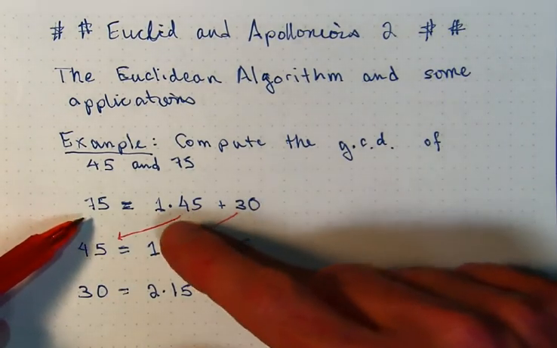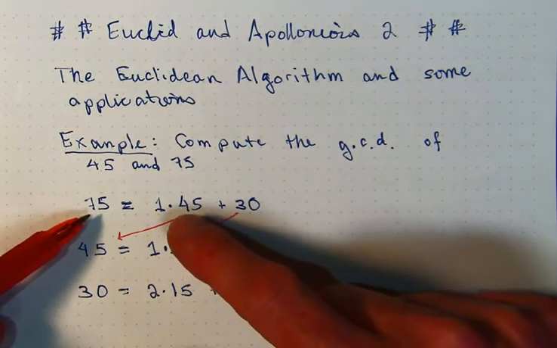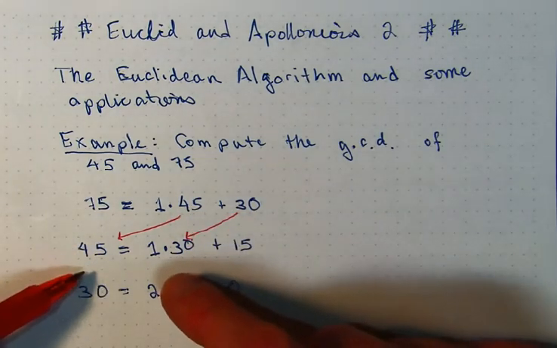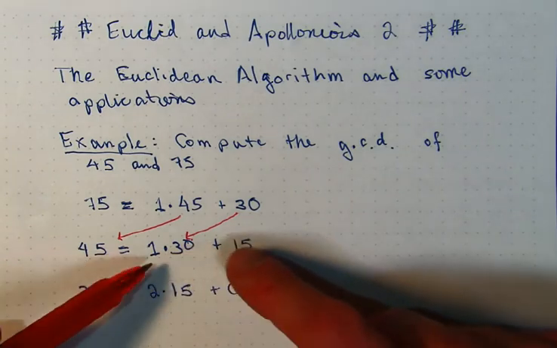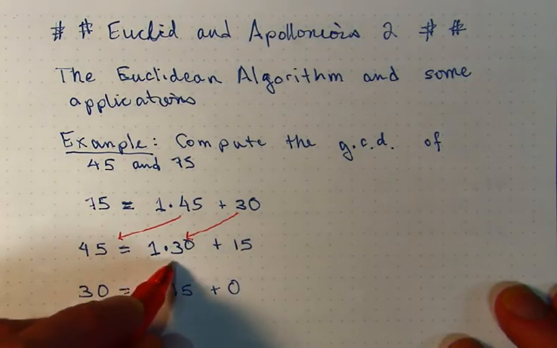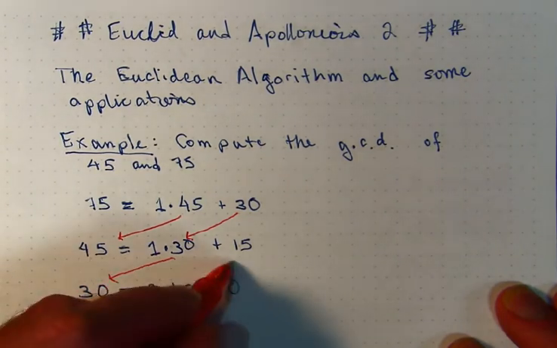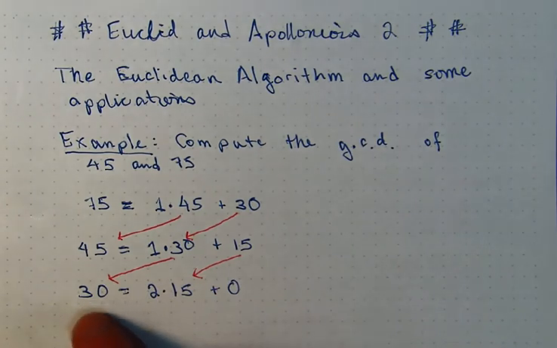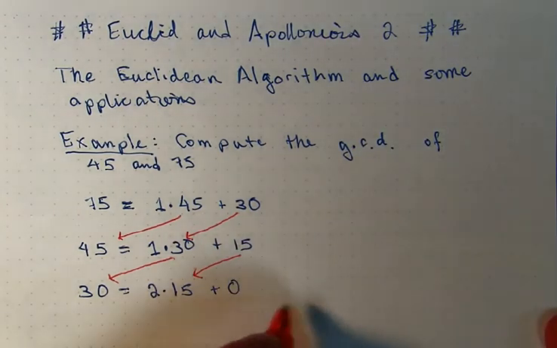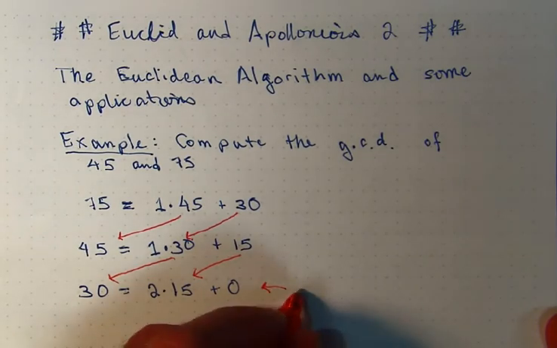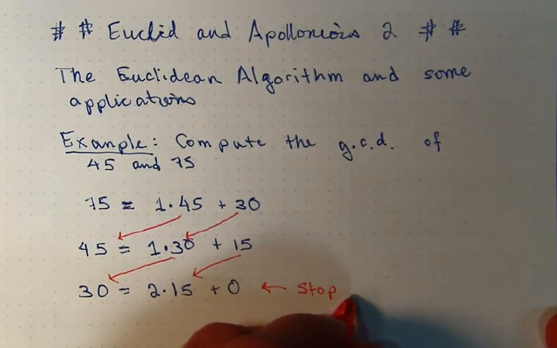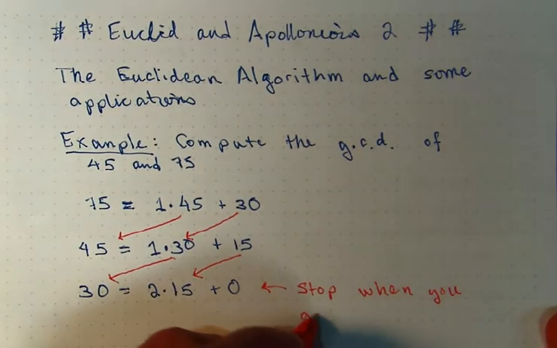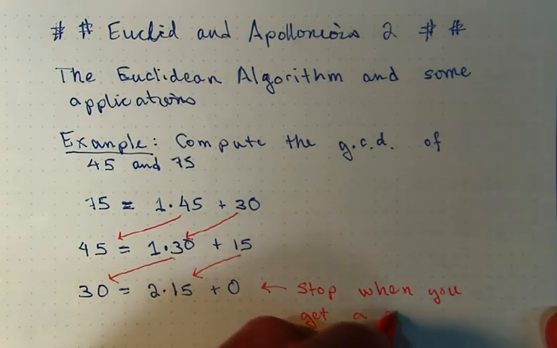So in our first step, we're taking 70 divided by 45 and finding the quotient and remainder. In the next step, we're taking 45 divided by 30 and finding the quotient and remainder. And then we keep sliding everything down. So the last step, we are taking 30 divided by 15 and finding the quotient and the remainder. And of course, you stop this process when you get a remainder of 0.